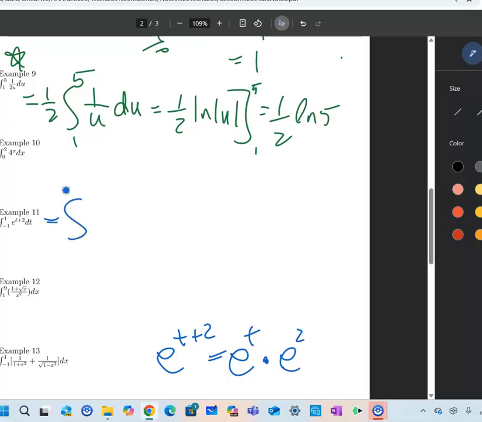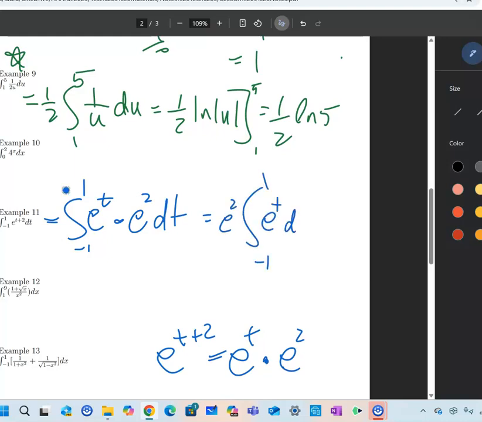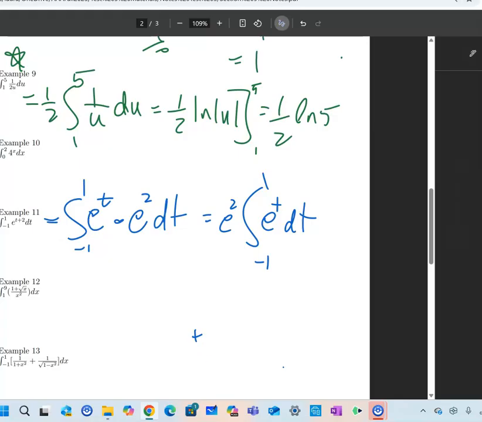So this would give me e to the t times e squared, and then carry along all the stuff, and then I can pull e squared outside, negative 1 to 1 e to the t dt, because e squared's just a number. And now I'm going to take the antiderivative of e to the t. It's e to the t.